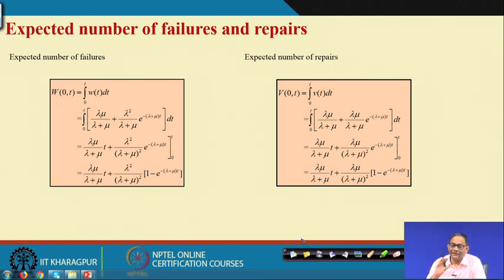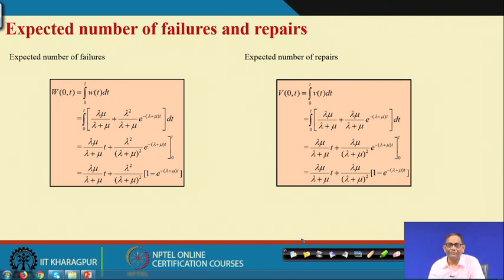Only that Markov state transition you have to understand, and in case of two states you will be having 0 and 1, you use the indicator variables, and also you know what the probabilities are once the lambda, the parameters for failure and repair processes, are given.